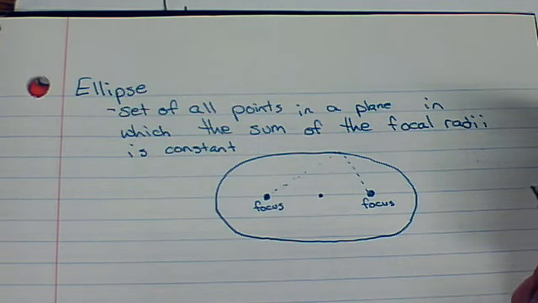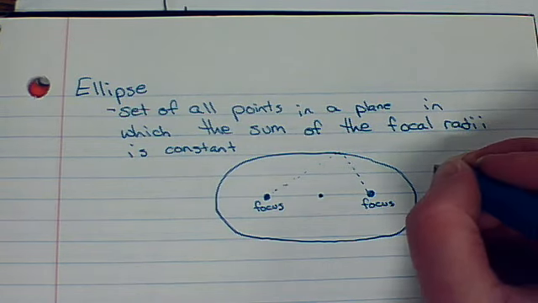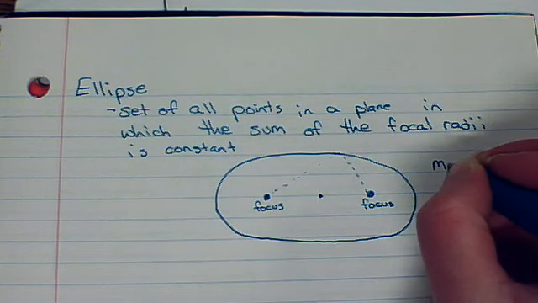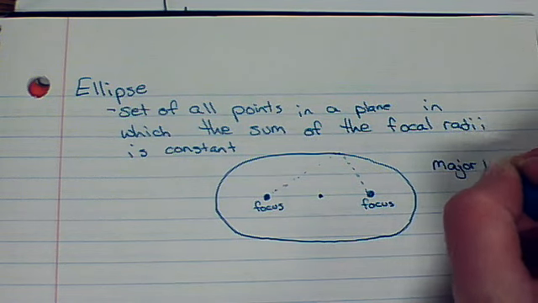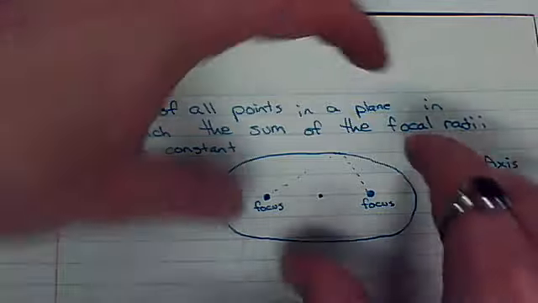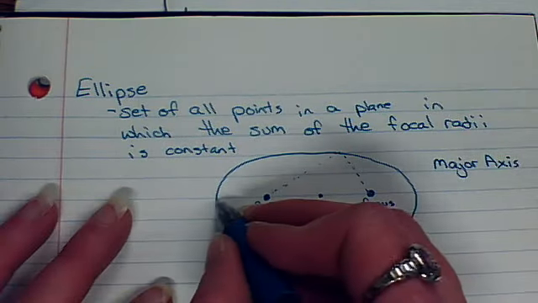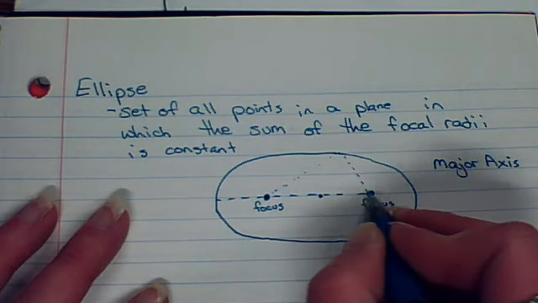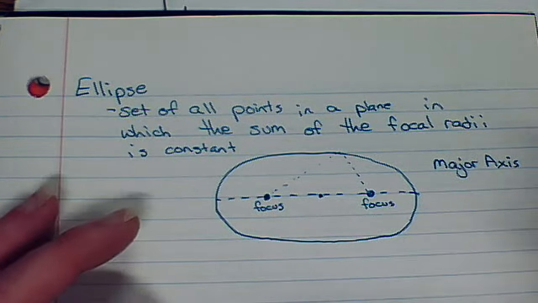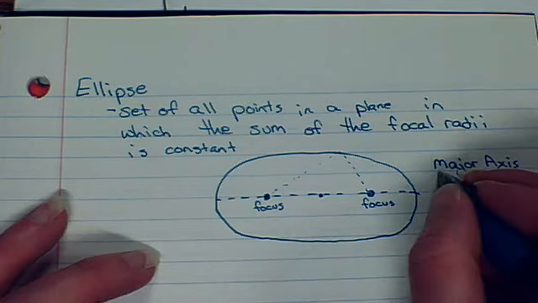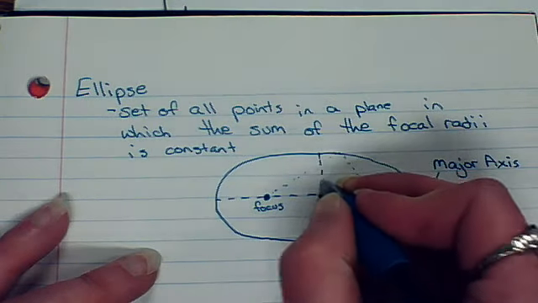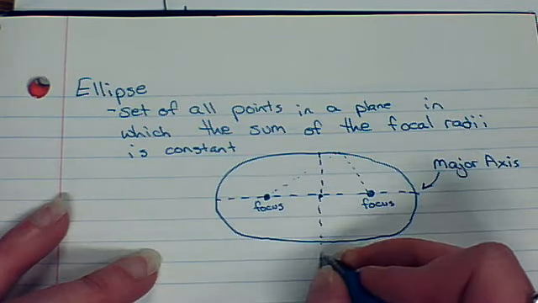The major axis is the big one. So we could have it turning this way or this way, it doesn't matter. But the major axis is going to be the one that goes through here, the larger one. Your minor axis would be how far you're going up or down.